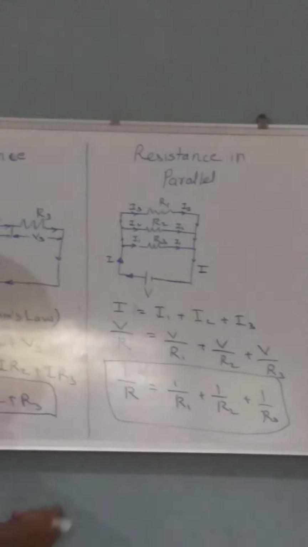For n number of resistors in both cases, in series Rs is equal to R1 plus R2 plus R3, up to Rn.